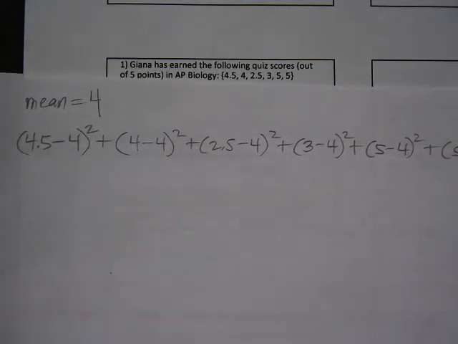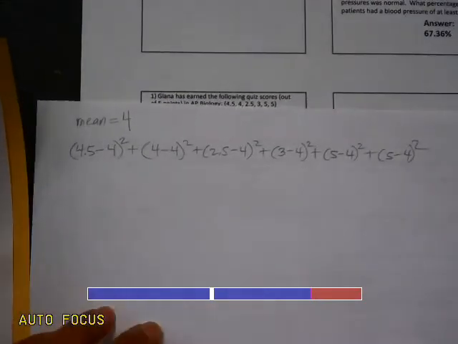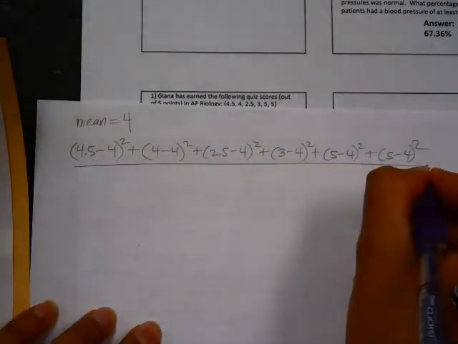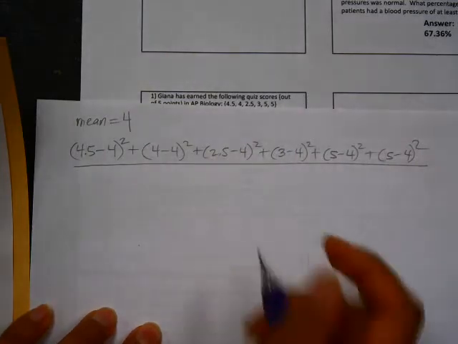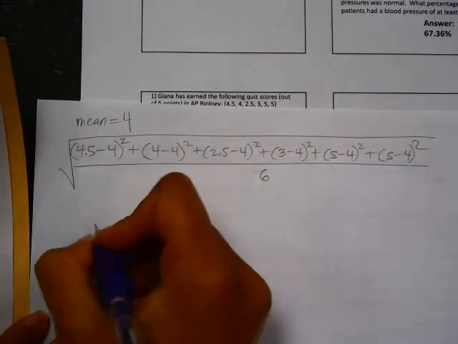Now, once you have that, you're going to divide by the sample size, or the number of values in the data set, which is 6, and lastly, square root your result.